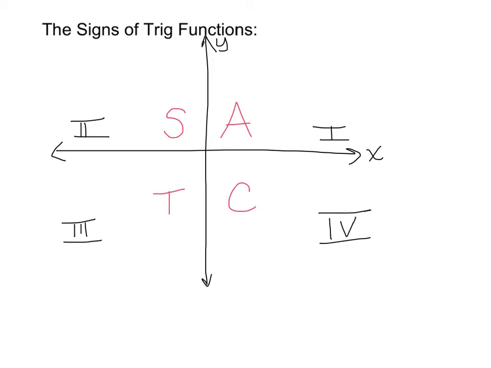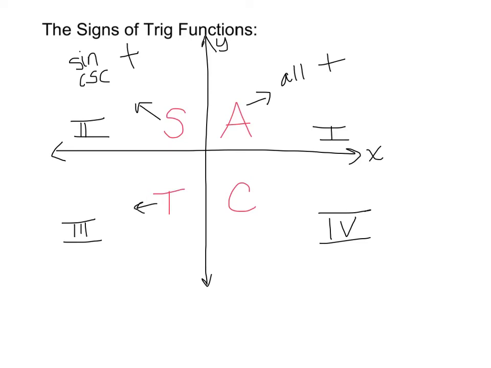So what this means is, in this quadrant, all the trig functions are positive. In this quadrant, only sine and its reciprocal, cosecant, are positive.